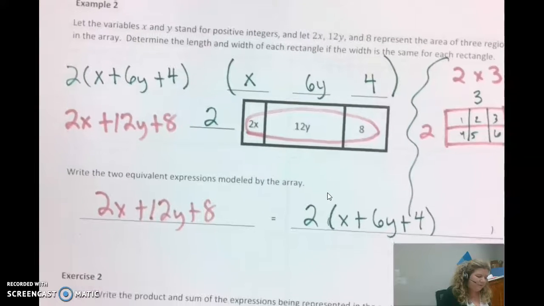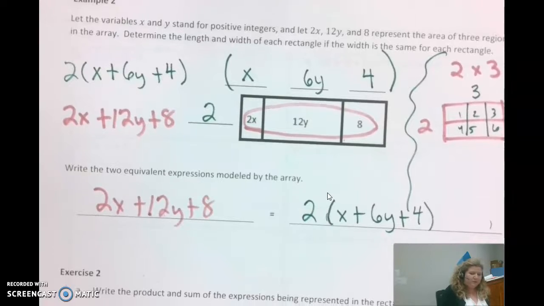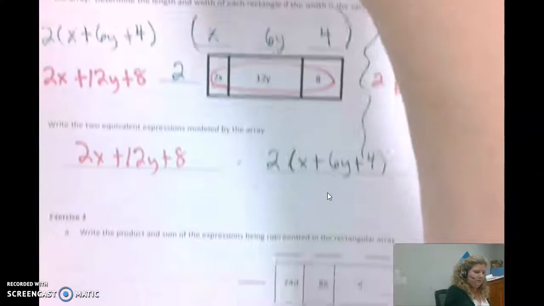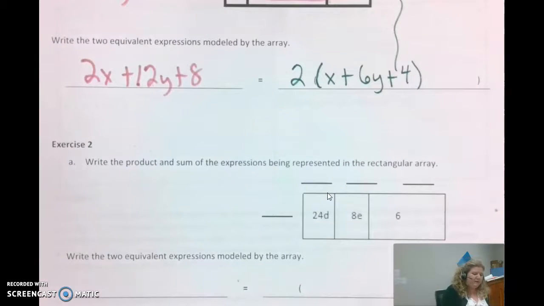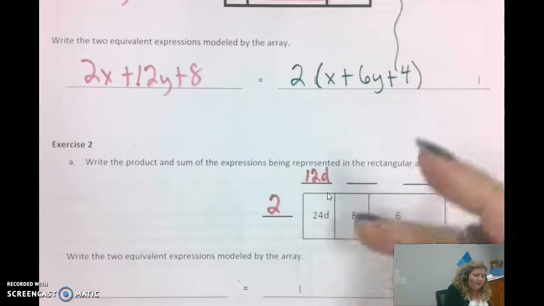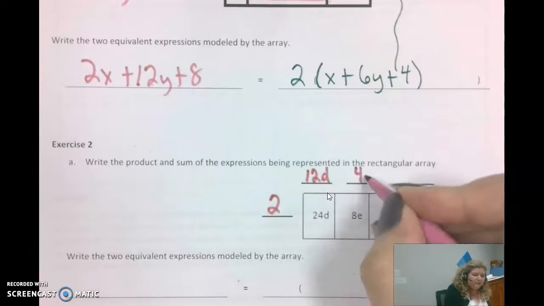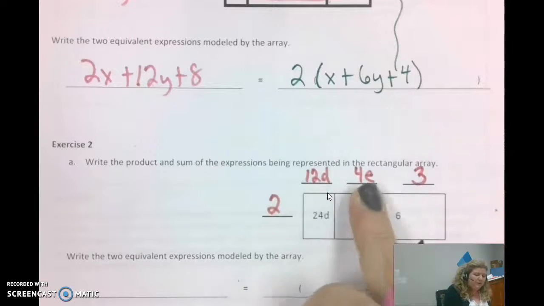Write the product of the sum of the expression being expressed in this array. So let's get this down. The first thing that we would need to determine is the greatest common factor. So I'm thinking maybe 3, but that doesn't work for 8. Maybe 4, but that doesn't work for 6. So maybe just 2. And that would give me 12d. 8e divided by 2 is 4e. 6 divided by 2 is 3. And I'm checking here.